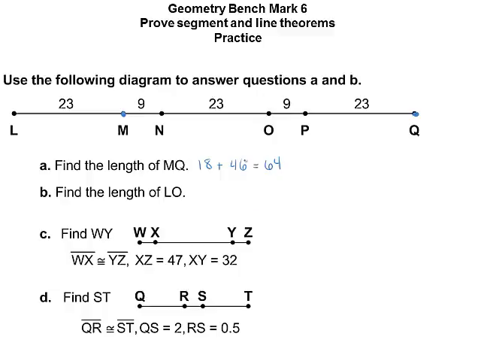Let me double check myself on that because I'm not 100%. Yes, 64. Okay, LO goes from here to here. So 23 plus 9 plus 23, so that's 46 plus 9, which is 55. So far okay?